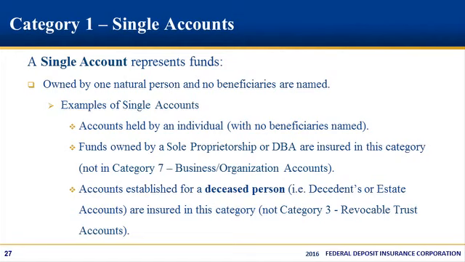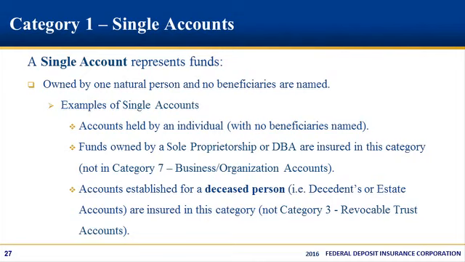A common question the FDIC receives is, how does the FDIC insure an account set up for someone who has died? These accounts are often called either an estate account or a decedent's account. In this situation, the funds are considered legally still owned by the decedent, and a decedent's account is therefore insured under Category 1 single ownership accounts.